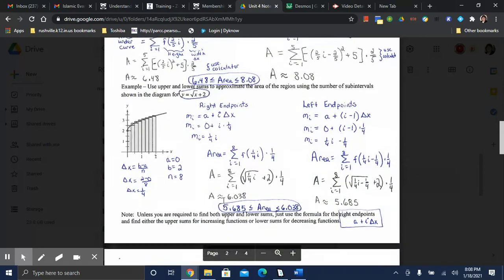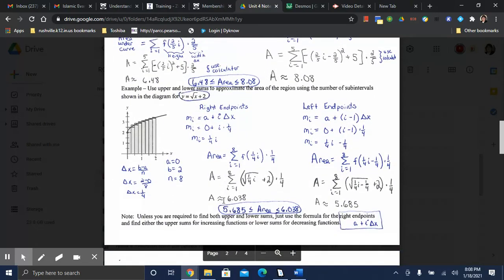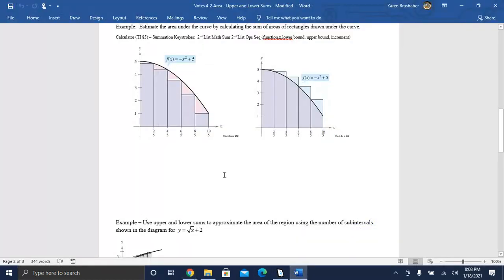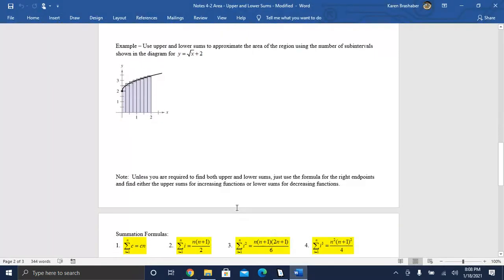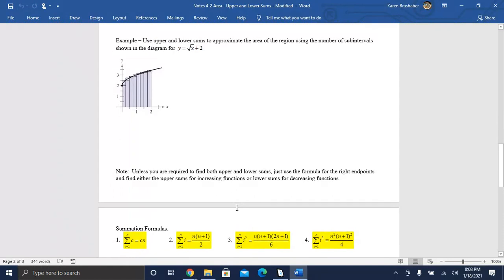So your second example, you can see the completed notes. I'm going to try to do this one for us in the video. Hopefully I can write well enough that you can see what's going on.